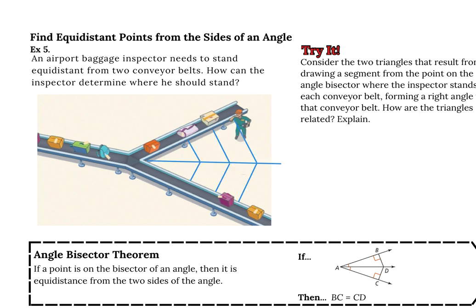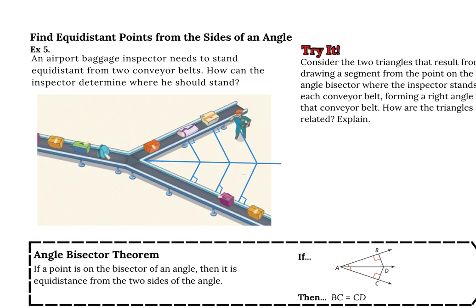All right, so I went ahead and drew out the perpendicular bisectors for the conveyor belt, just because it's a little bit difficult to do on this tablet. So I created segments that are perpendicular to the conveyor belt, and then I added an intersecting line that went straight through the middle to show the intersections.